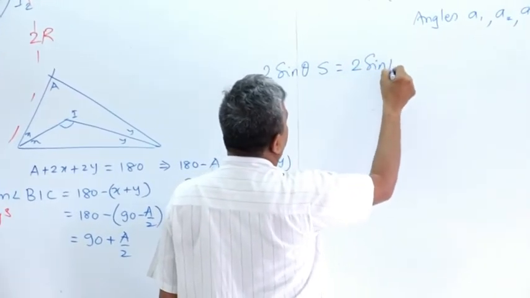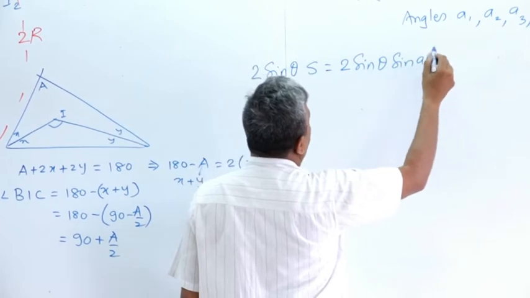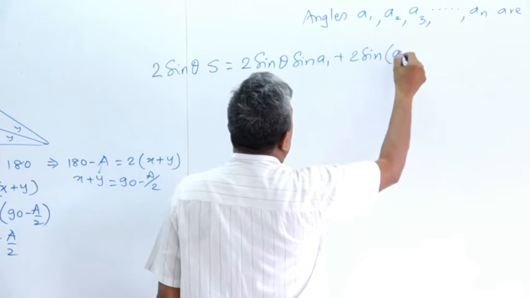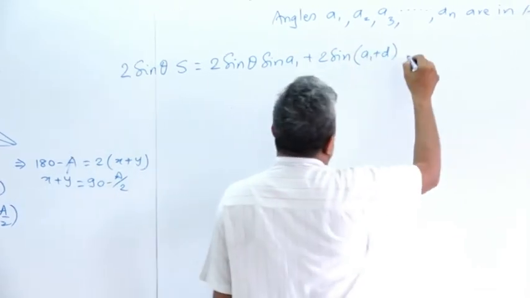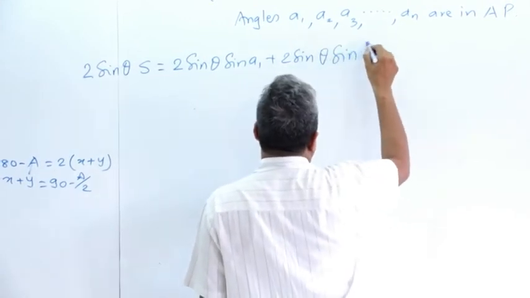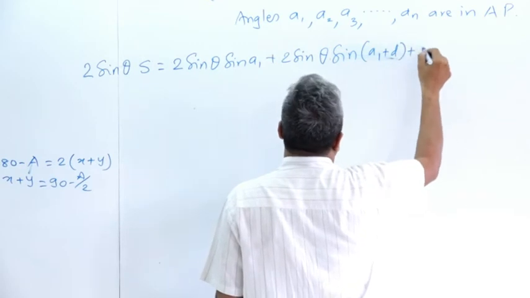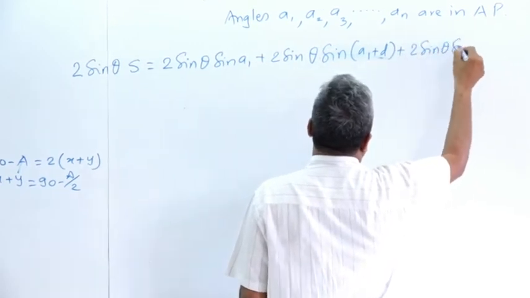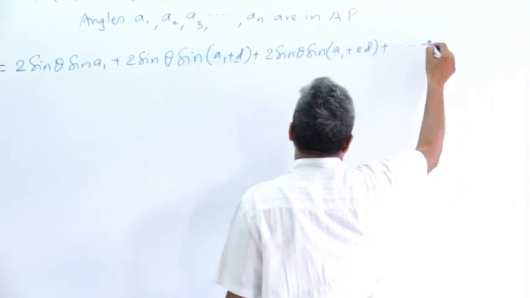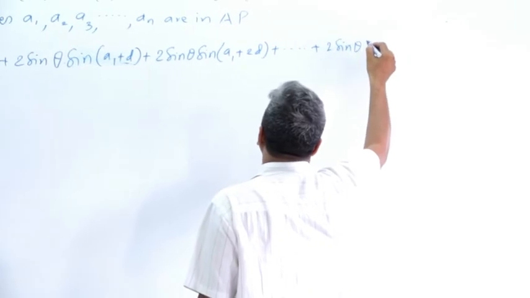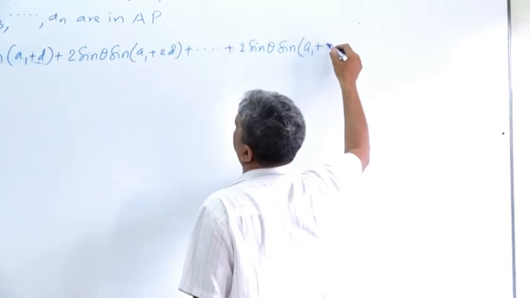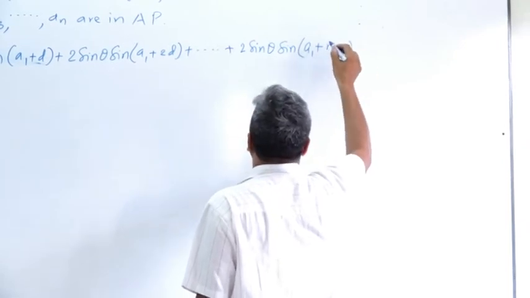What will happen? Each term will get multiplied: 2 sin theta sin A1 plus 2 sin theta sin (A1 plus D) plus 2 sin theta sin (A1 plus 2D) plus dot dot dot plus 2 sin theta sin (A1 plus (n minus 1)D).